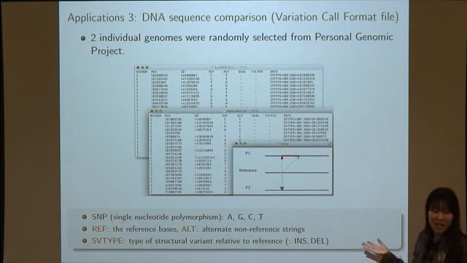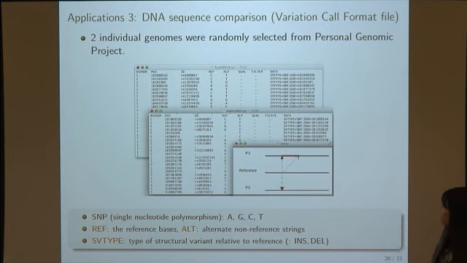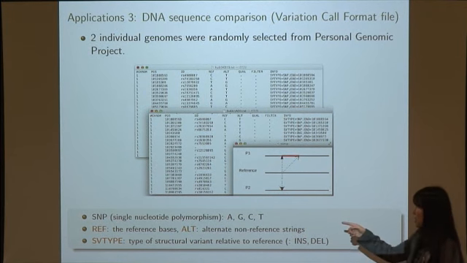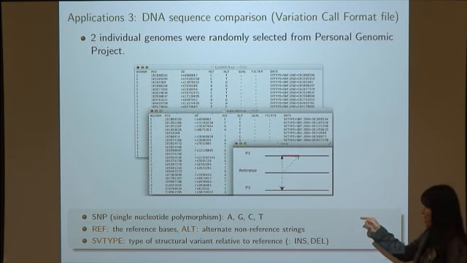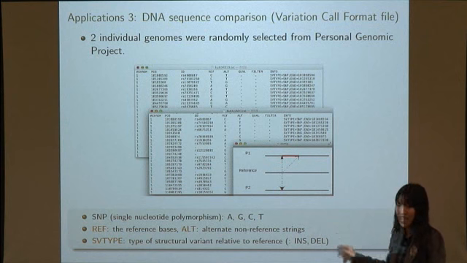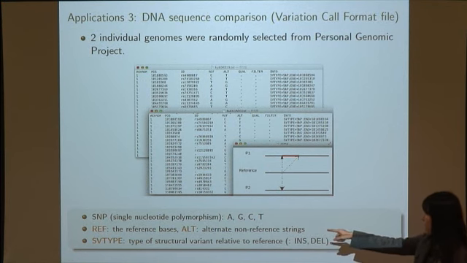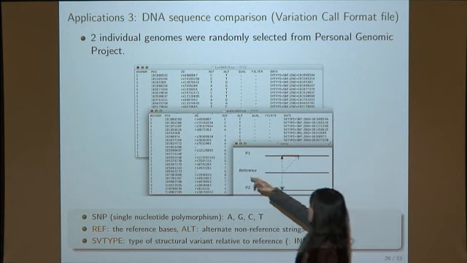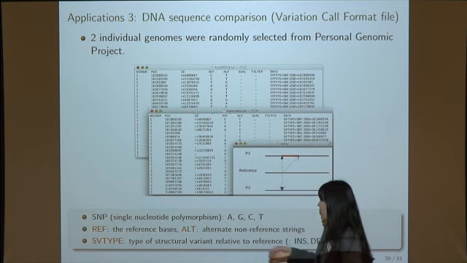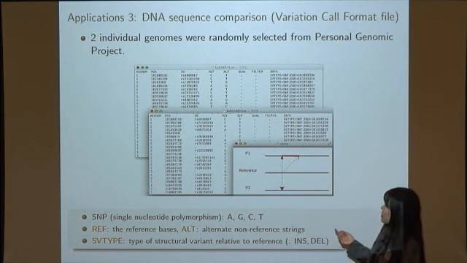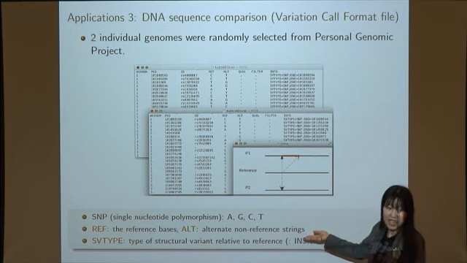At first, it was so strange a file. They have some concepts. First, SNP. It is a single nucleotide polymorphism, and it is AGCT, as you know. And the ref is the reference basis. And alt is alternative non-reference string, which means the user's data.